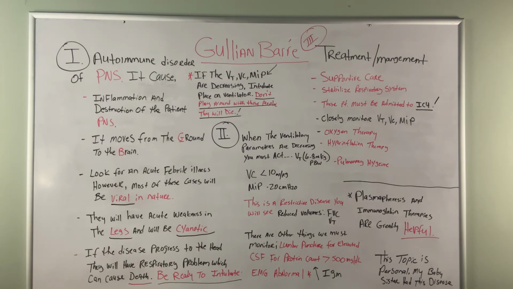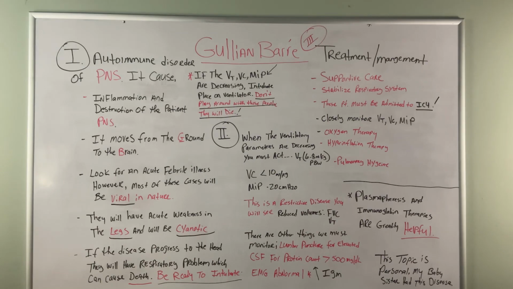Hyperinflation therapy, and maybe in these types of patients on the ventilator, you might want to consider IPPB. Pulmonary hygiene is very important to them. We need to make sure their mouths are clean and the area around their lips is clean. It's very important to make sure that our pulmonary toilet for these patients is intact.